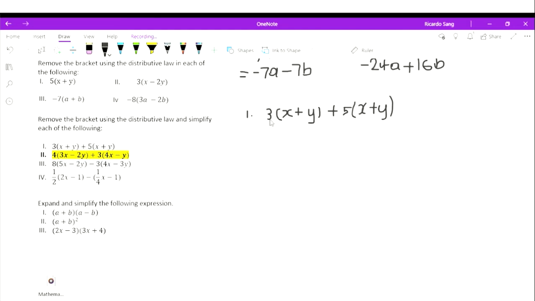Alright, so now we're going to remove the bracket, then we simplify. What is outside the bracket is going to multiply by each member inside the bracket. It is going to become 3x plus 3y plus 5x plus 5y.